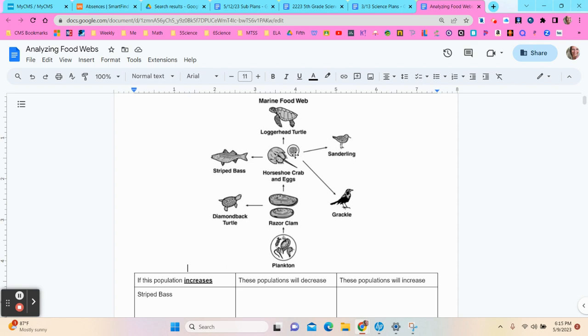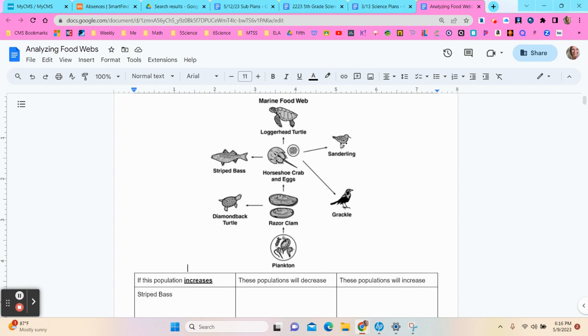I want you to make sure that you're aware that the arrow points to the consumer, the arrow points to the eater. So, for instance, right here, the striped bass, the arrow is pointing to it. So that means that the striped bass eats the horseshoe crab and the horseshoe crab's eggs.